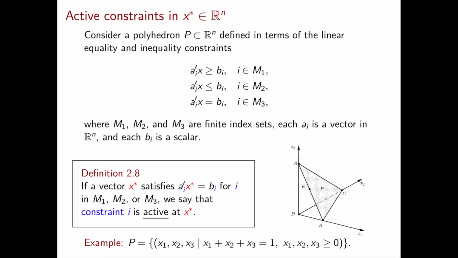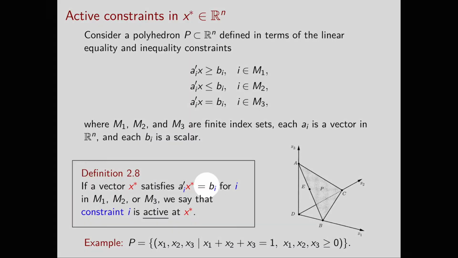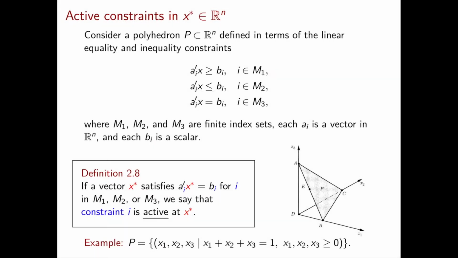So essentially, a constraint is active at x star whenever x star satisfies the constraint but at equality. In the case of M3, it really just means that it satisfies the constraint, because also the original constraint was an equality constraint. However, in the case of M1 and M2, it means that it doesn't just satisfy the inequality, but it satisfies it with the equality sign.